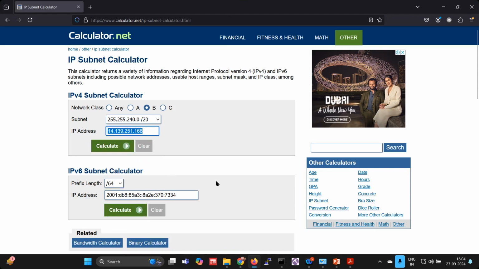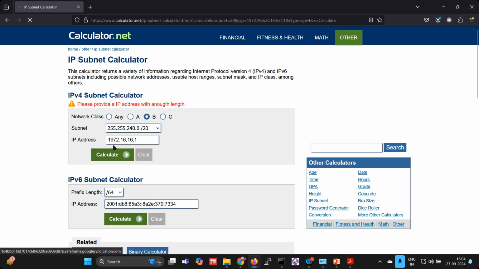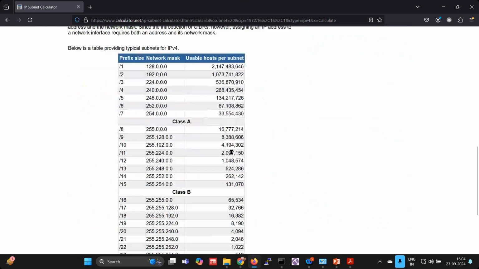They are asking which IP address is to be used. Suppose I am typing 172.16.15 something, and calculate. So it is showing something.